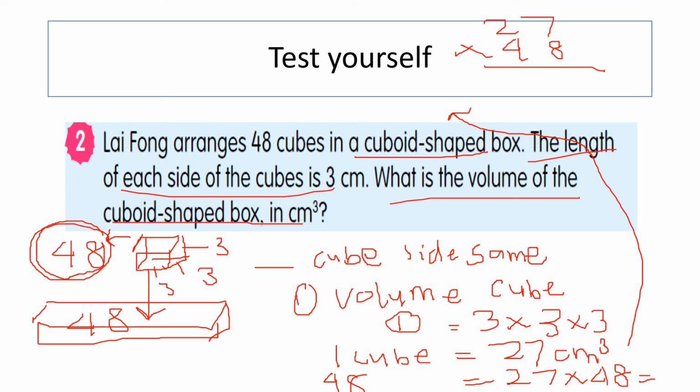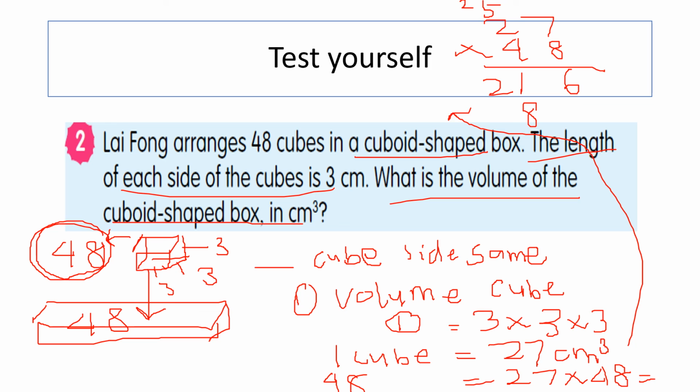So 7 times 8 equals 56. 6 here, 5 up. So 2 times 8 equals 16. 16 plus 5 is 21. Then for this one, 7 times 4 equals 28. 8 here, 2 up.